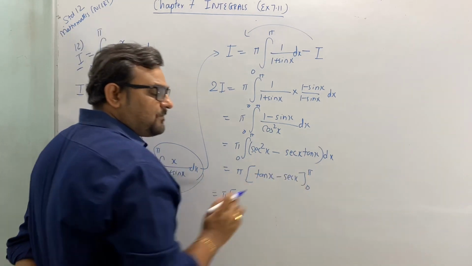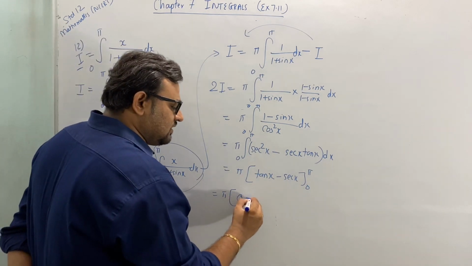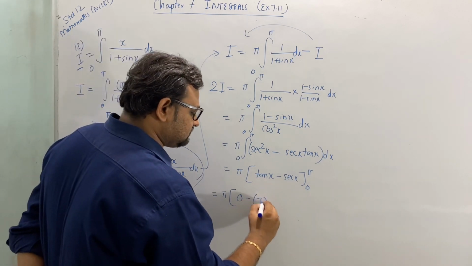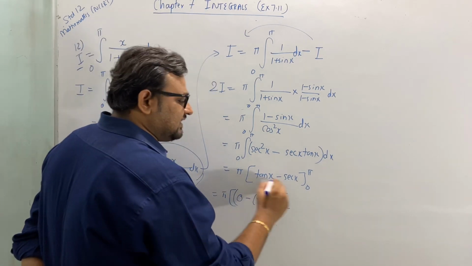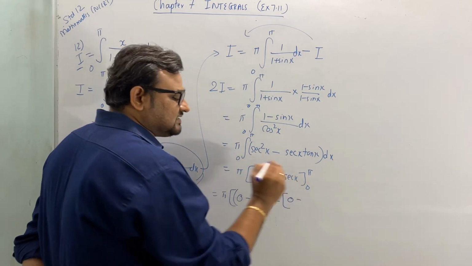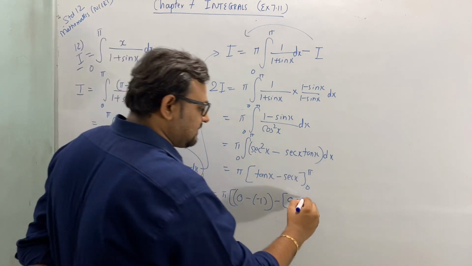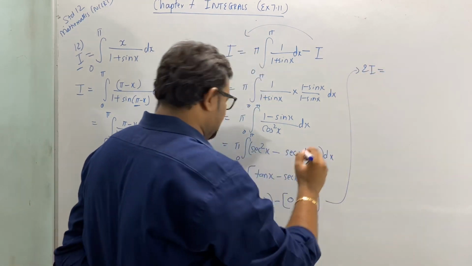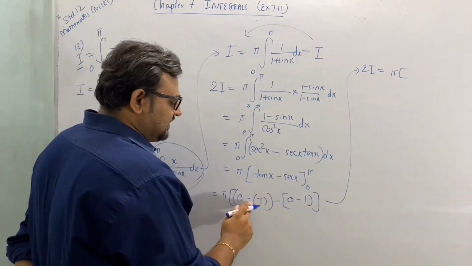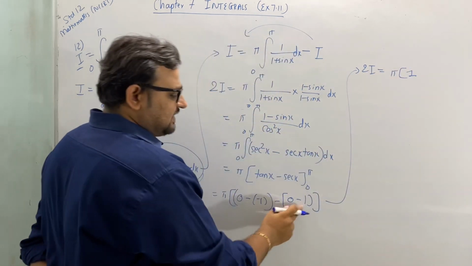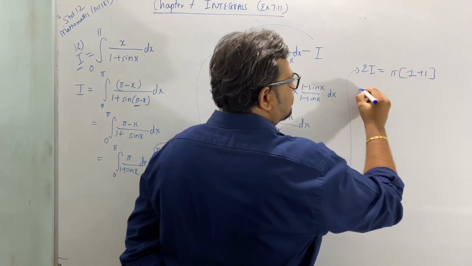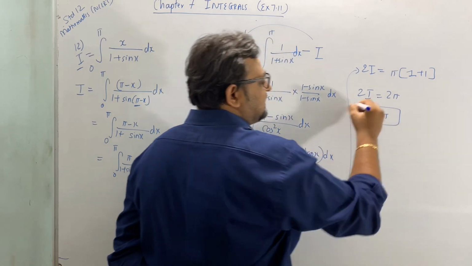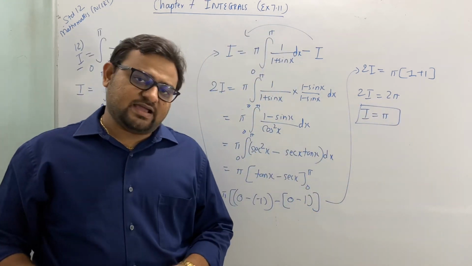What is tan pi? 0, minus sec pi, minus 1, minus tan 0, again 0, and sec 0 is 1. So I can write 2I equal to pi times 0 minus minus 1, 1, minus minus 1, 1. So 2I equal to 2 pi. That means I is equal to pi.